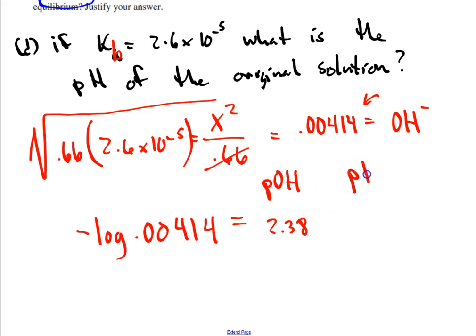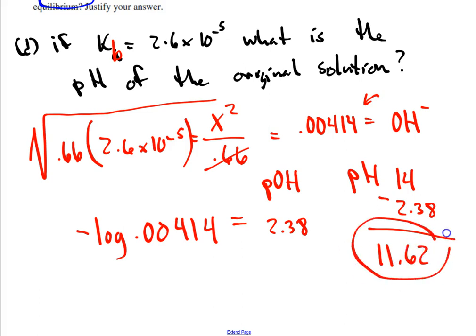Now that is not my answer. My pH is equal to 14 minus 2.38. It does ask pH, so we have to have that answer. It will never really ask for just the pOH.